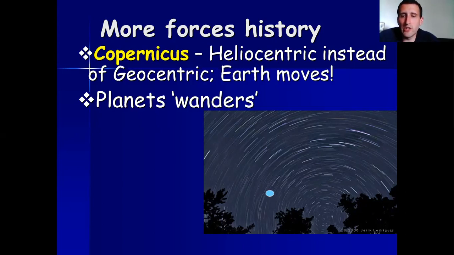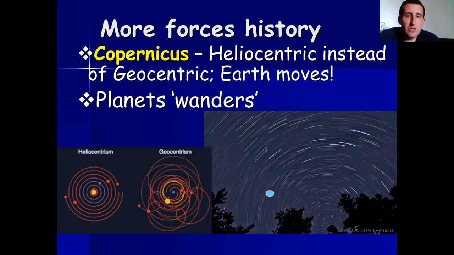So they don't do the same thing in the sky every night, because sometimes they're ahead of us in their orbit around the sun, sometimes they're behind us. If you've ever heard of the morning star and the evening star, those are both descriptions of the planet Venus, which is sometimes up in the morning and sometimes up in the evening. It just depends where it is in its orbit and where we are in our orbit as to which place it ends up being.